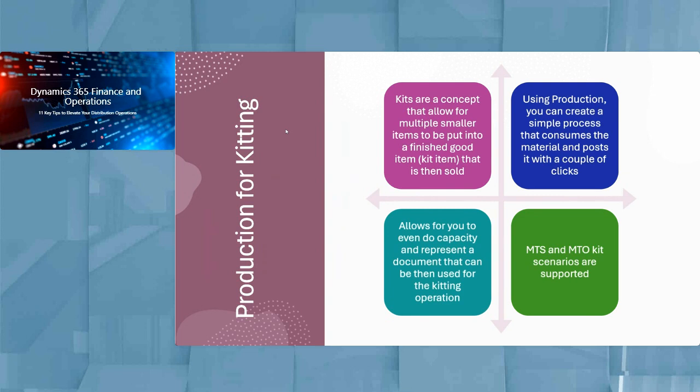And you can also use the production for kitting to unify MTO and MTS, or make to stock scenarios as well, where, for example, you may want to have on hand a certain amount of a kit in a particular location. Well, let's generate a production order for that, because we're going to have to pick the product, we're going to have to build it in a workspace, and then we're going to put it back on the shelf as part of that.